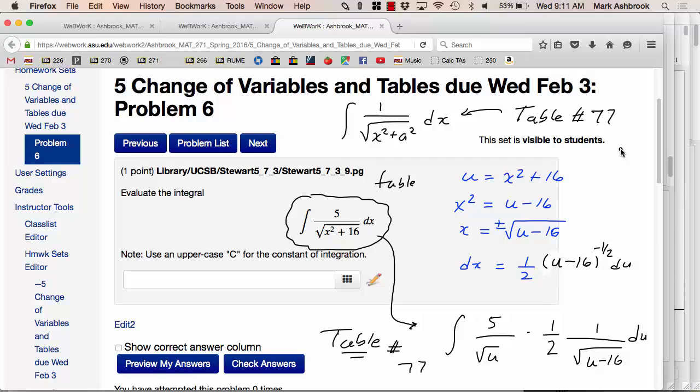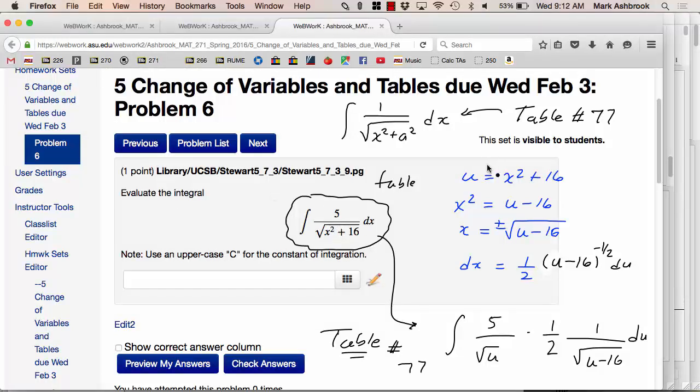If it's identical to what's in the table, then you can just write down the answer from the table. That's the point. They give you the antiderivative, so we can just write it down. We just need to know what our a squared is. Our a squared is 16, which makes a 4. And we also have the 5 to take care of, but that's no problem. Wherever there's an a, we're going to use 4, and ours is also multiplied by 5.